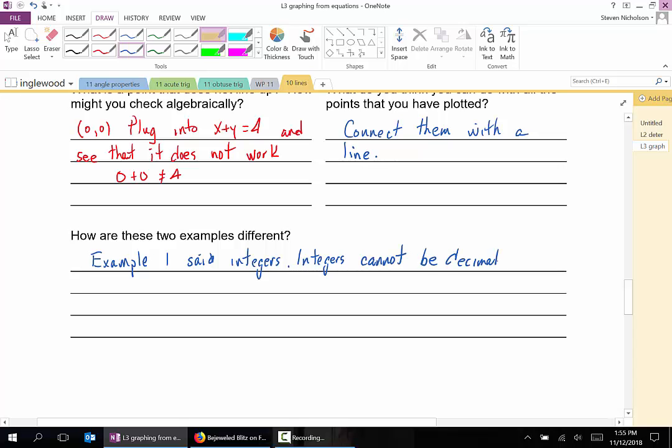Example number 2 just said x and y. It just said figure out any two numbers that add up to 4. So even though we didn't choose them, x and y could have been decimals.